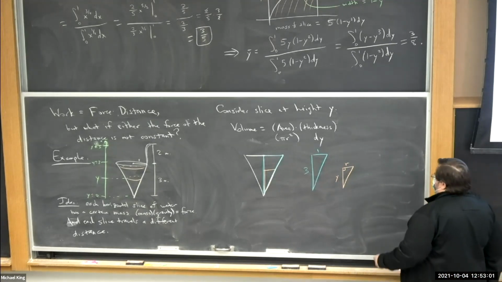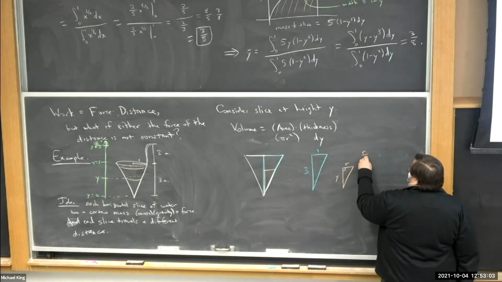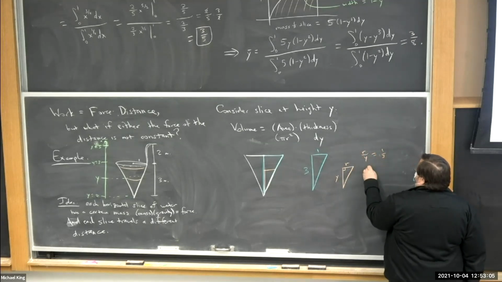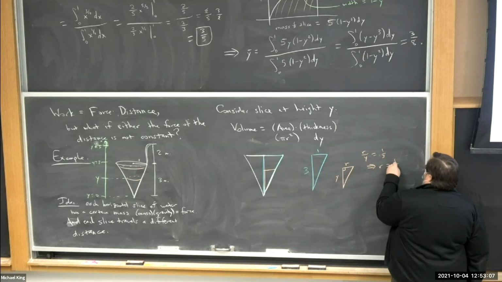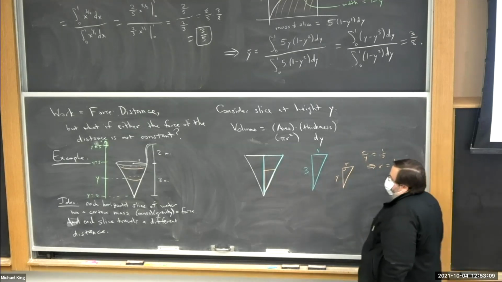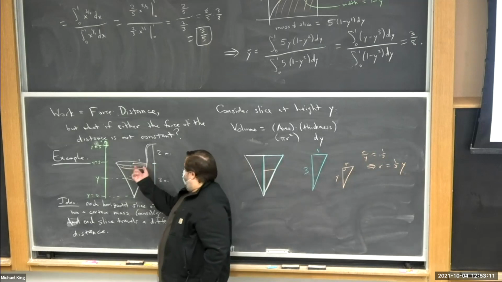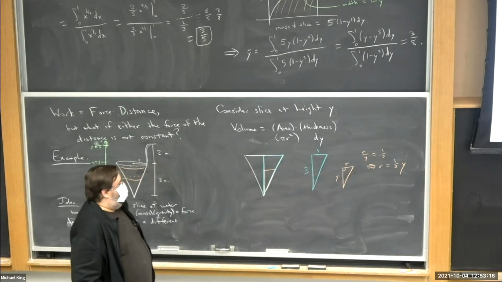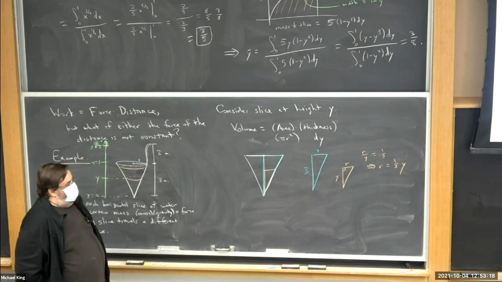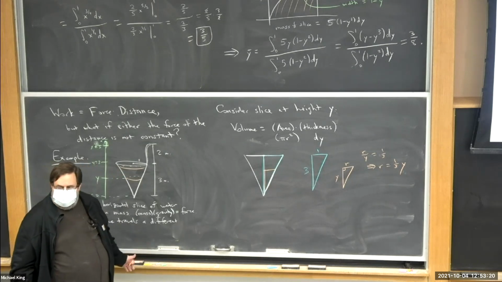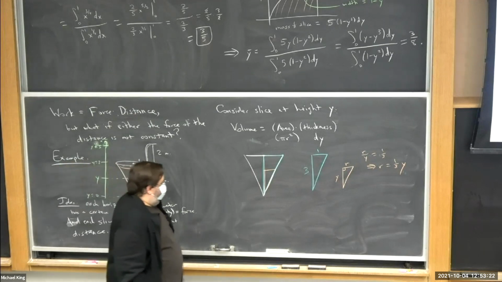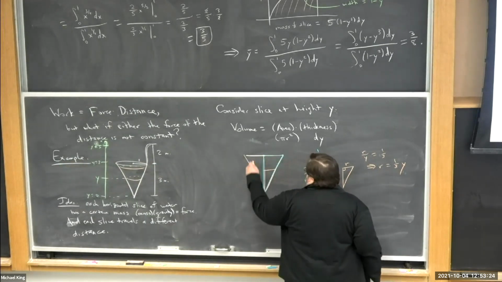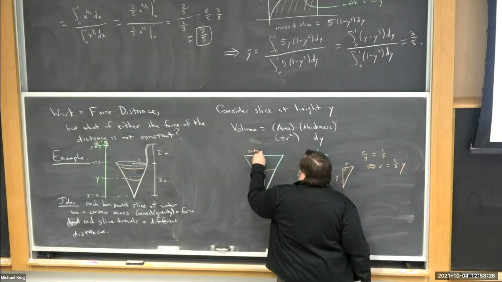And so r over y is 1 over 3. So r is 1/3 y. Makes sense. This radius is 1/3 the height. So at height y, the radius will also be 1/3 the current height. Okay, good. Remember doing a lot of this? Done this on homework already. This was the flattened side view.